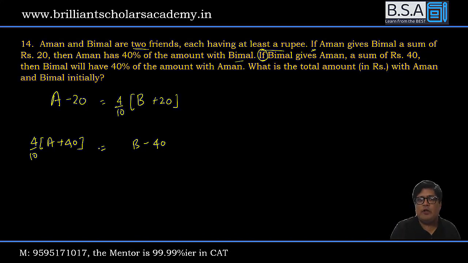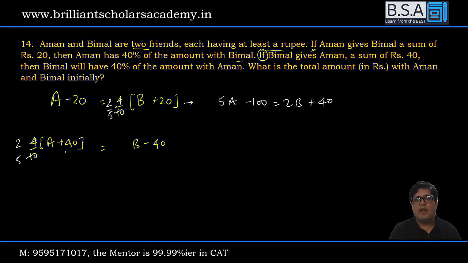If I want to solve through equations, let me do that. I'll cancel this 2 by 5 on both sides. Cross multiplying this, I will have 5a minus 100 is equal to 2b plus 40. When I rearrange this, I will have 2a minus 40 is equal to 5b minus 200.